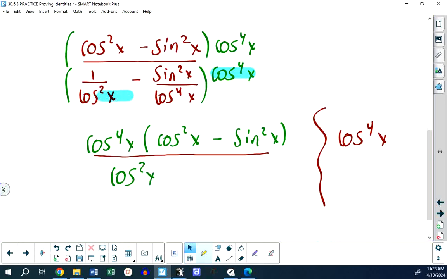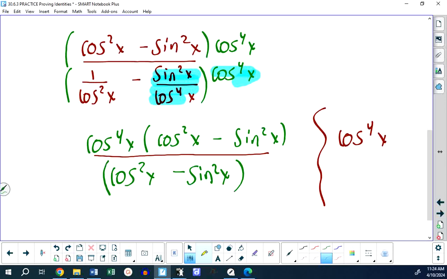When I multiply this by this, the cos squareds cancel. When I multiply this, cos to the 4 of x, by this entire thing, all cosines cancel, and I'm left with minus sine squared of x.